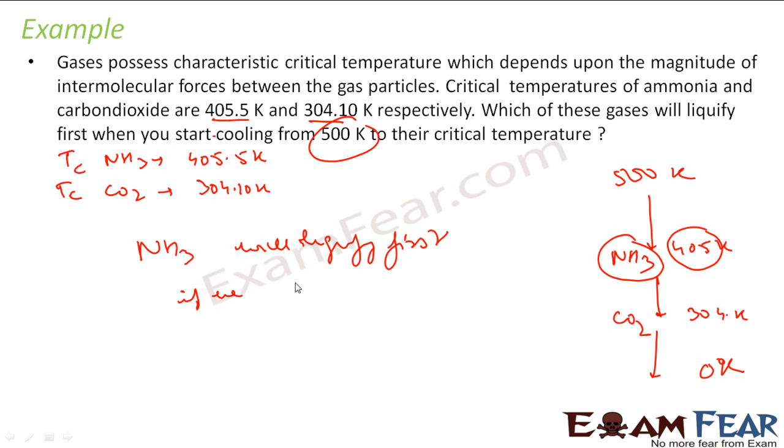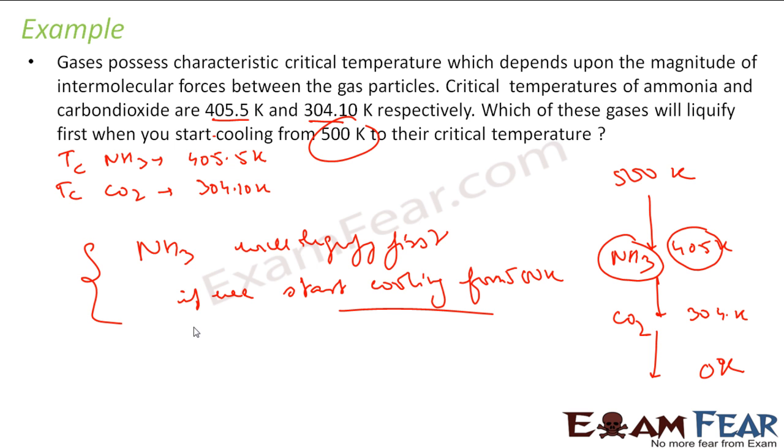Right? If we start cooling from 500 K. If it is the other way around, you start heating from 0 Kelvin, then first 304 is reached. That means, in fact, both will liquefy. If you start at 0 Kelvin, both will liquefy, because at this point both satisfy. We say that the temperature has to be lower than the critical temperature.